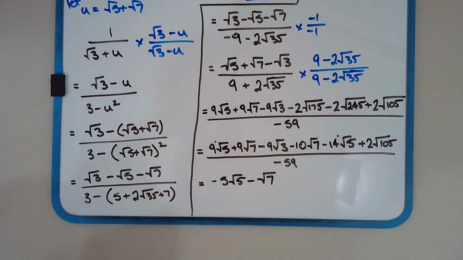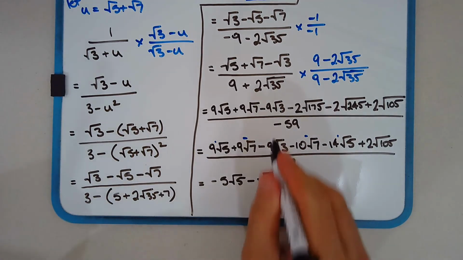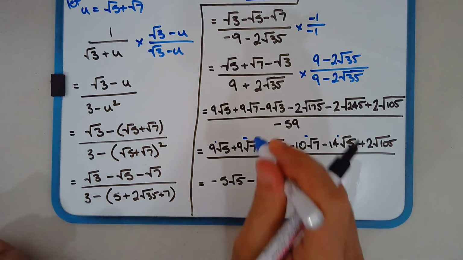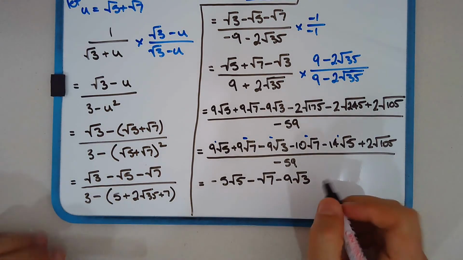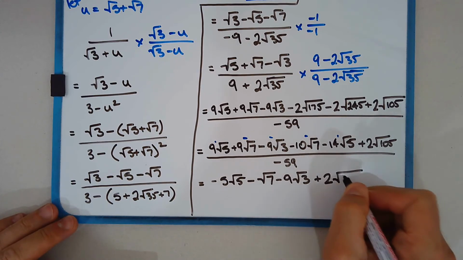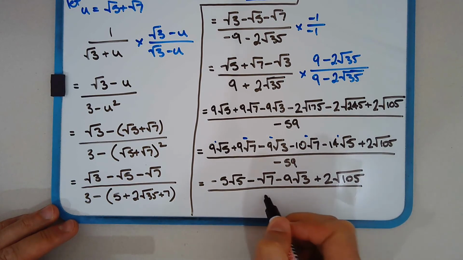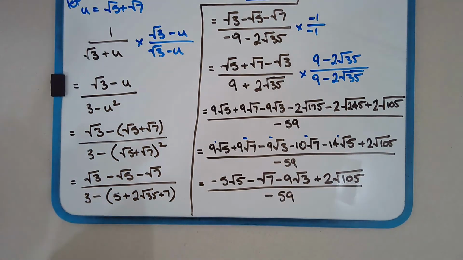Yeah, so that's great. Put a dot on that and a dot on that, just so I've used it up. Minus 9 root 3. Yep, gone. And plus 2 root 105, all over negative 59.